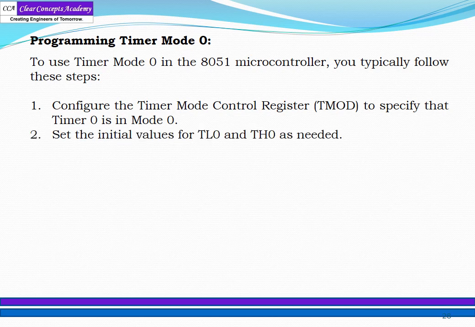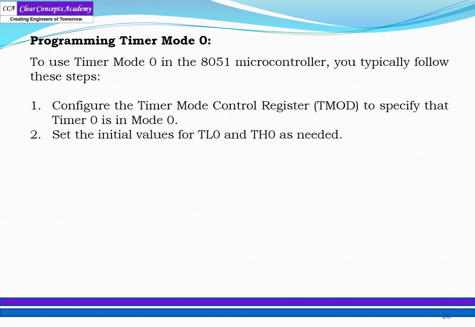We have already discussed many times how the mode is set. The bits of timer 0 are to be set to 00 to work as timer 0 in mode 0.